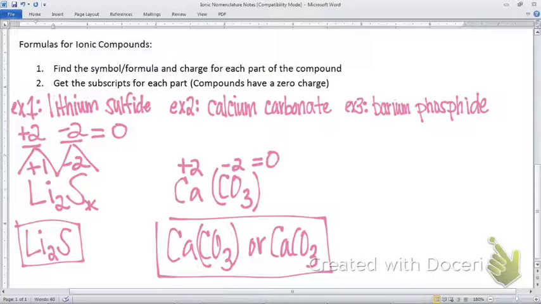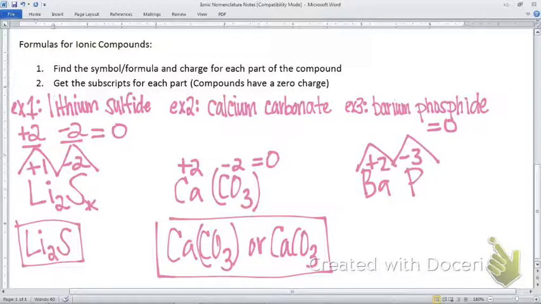Let's look at barium phosphide. Barium is also a metal, Ba. Its charge is +2. Phosphide is a nonmetal with the symbol of P. Its charge is -3. Those charges are not going to cancel out right off the bat, so we need to find their least common multiple. The least common multiple between 2 and 3 is actually 6.